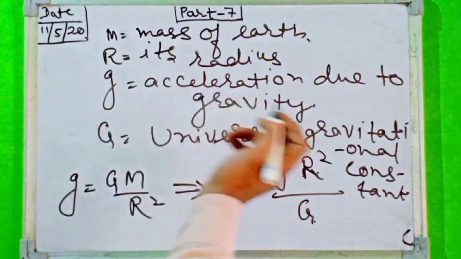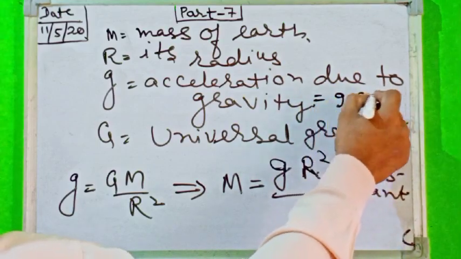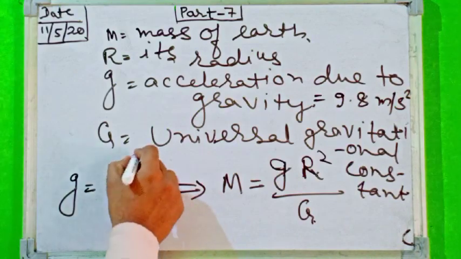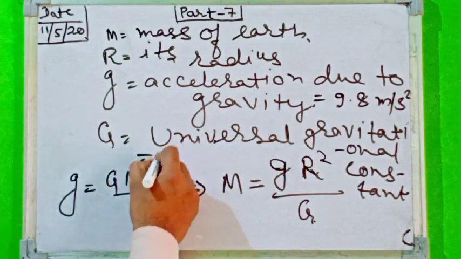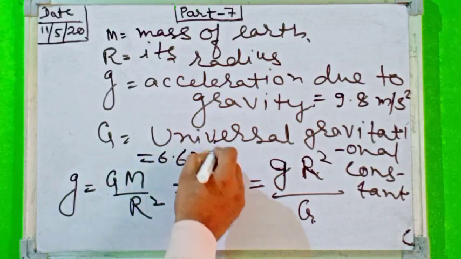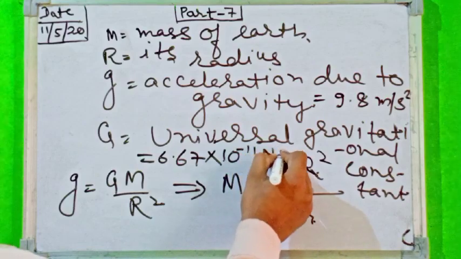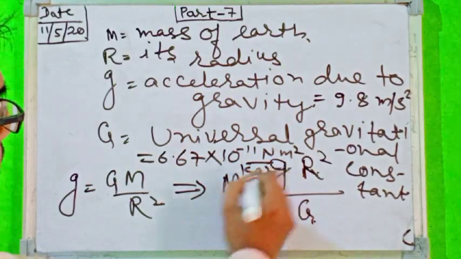Small g, as you know, is 9.8 meter per second square, the acceleration due to gravity. The universal gravitational constant is 6.67 into 10 to the power minus 11 Newton meter square per kg square.